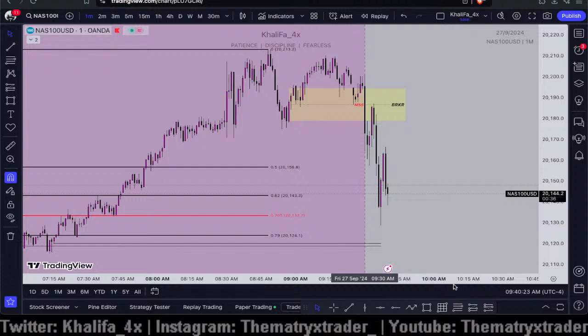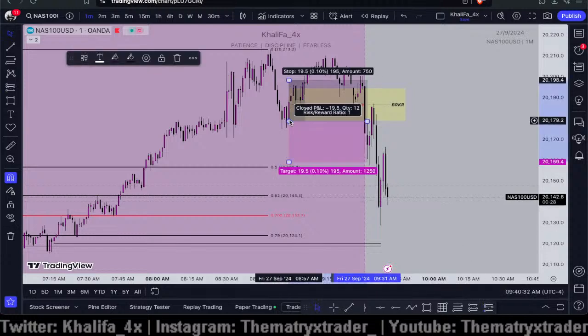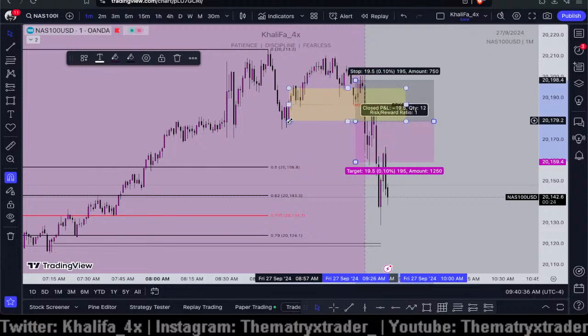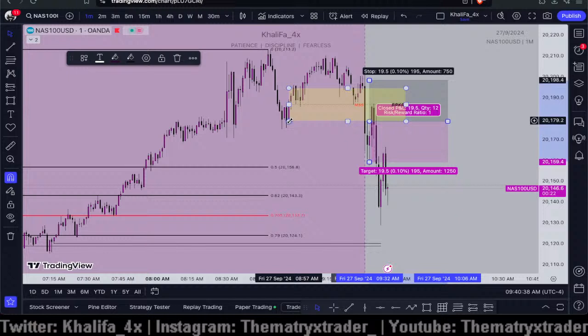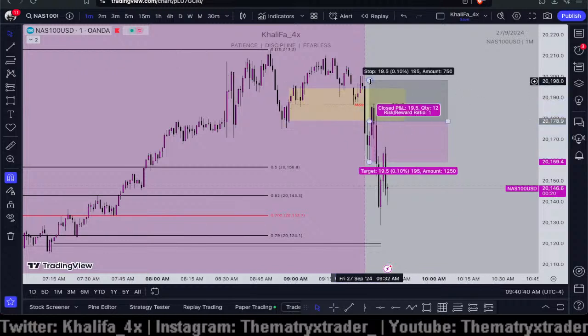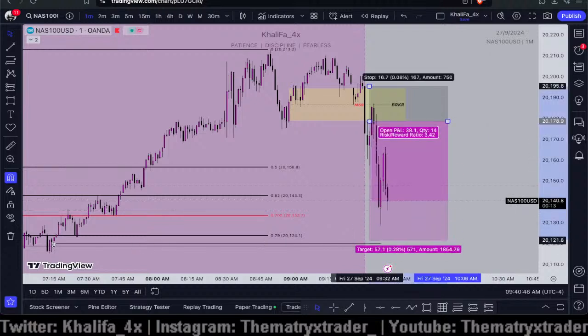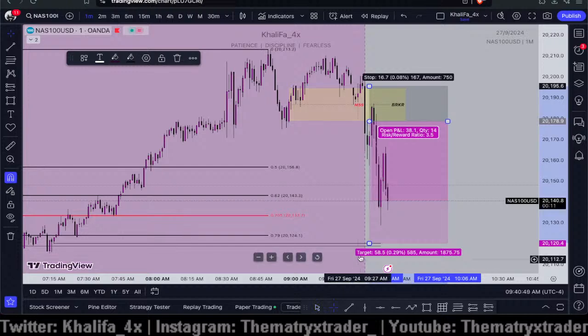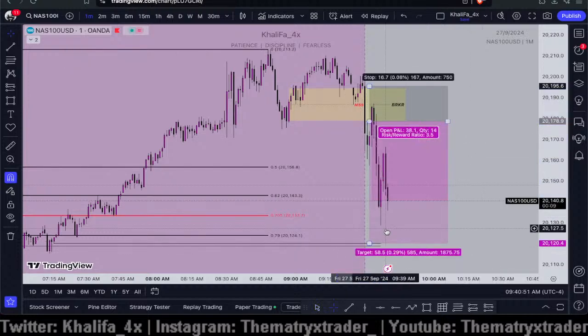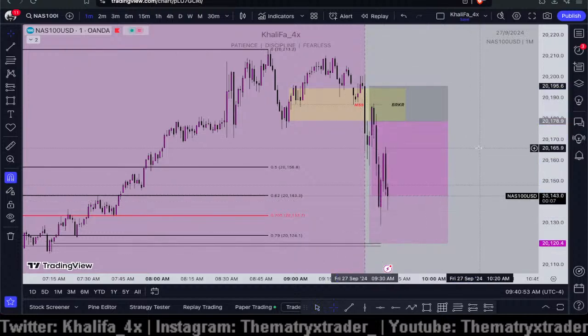I'm expecting price to come till this small little fair value gap. Let's mark out this. If we get a short from this, and obviously our stop should be here, and if we are targeting this, this is almost 3.5 RR, folks.